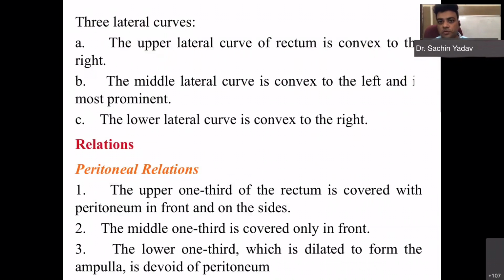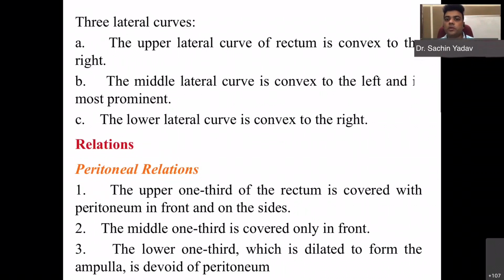Now we'll see the relations. First, the peritoneal relation. Peritoneal relation means which part of the rectum is covered by the peritoneum and which is not. The upper one third of the rectum is covered with peritoneum in front and on the sides. It is not covered on its posterior surface because it is in direct contact with the sacrum.